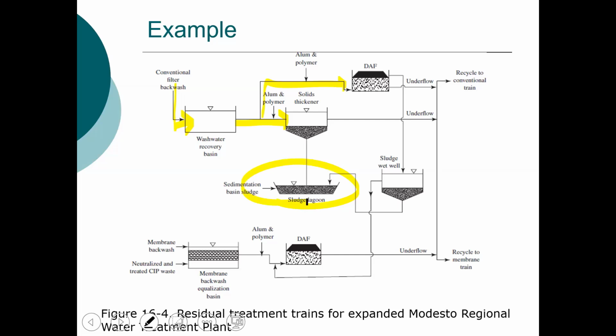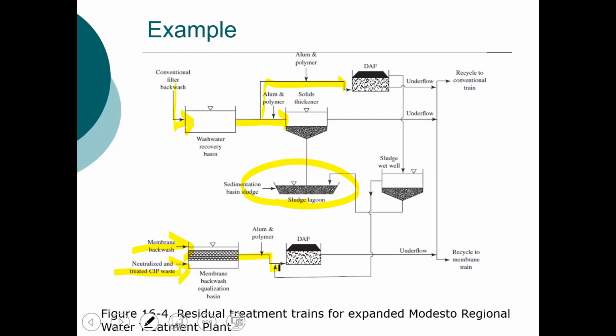Now, the membranes also have to be treated. Those have to be backwashed, so they have backwash water from the membranes. They also typically have to be cleaned in place. That's what the CIP stands for, and those typically use weak acids or weak bases to try and remove any scale that is formed on the membrane itself, and better remove this particulate matter.